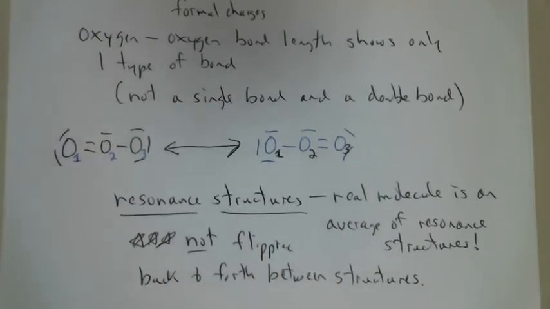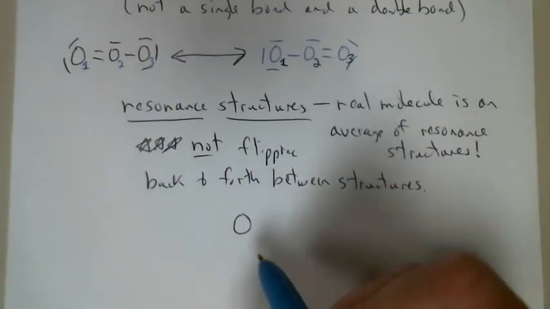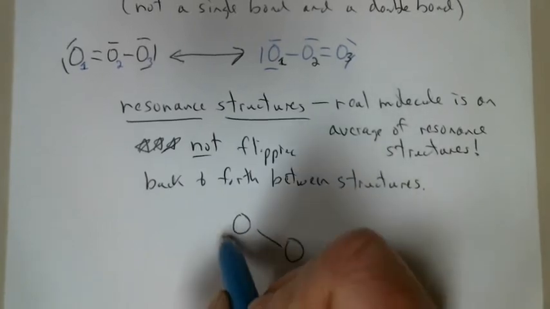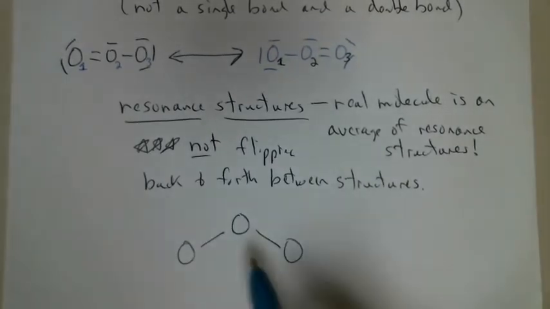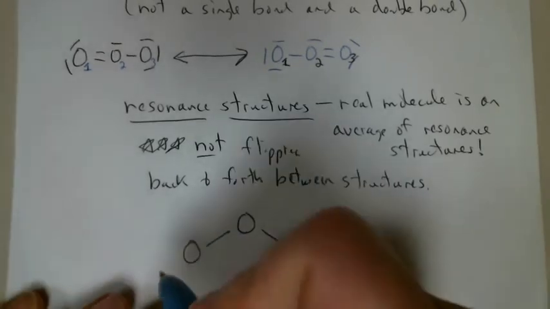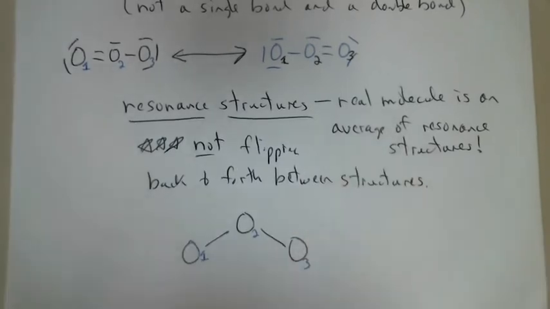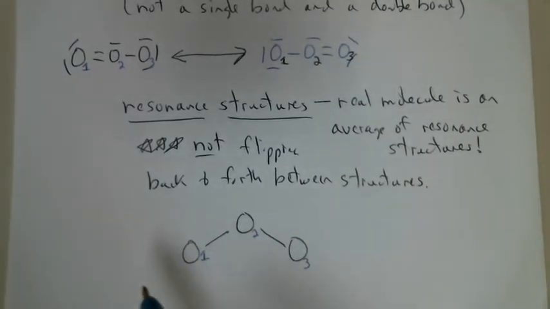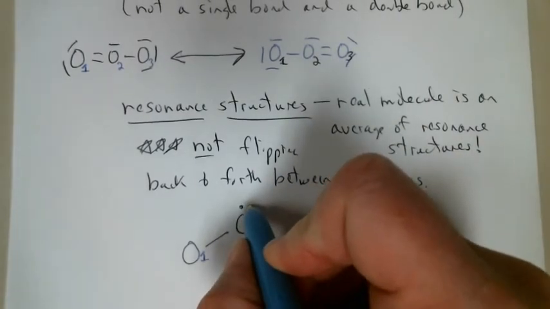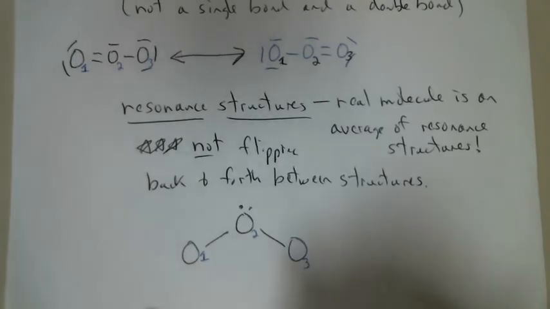And so you could think about drawing something like this, which shows the shape a little bit, and we won't talk until later about why it ends up being that shape based on the orbitals. I can't show the lone pairs on the outside oxygens because it won't make sense.